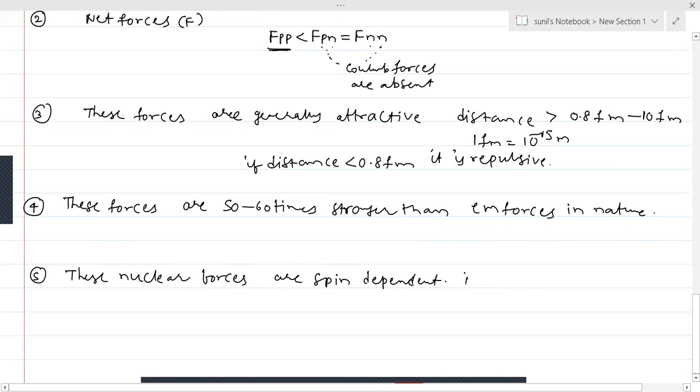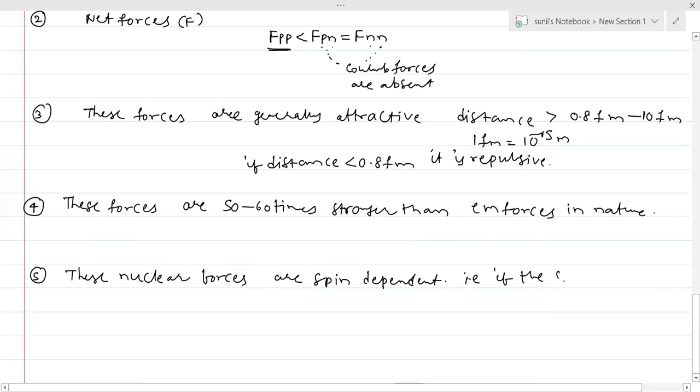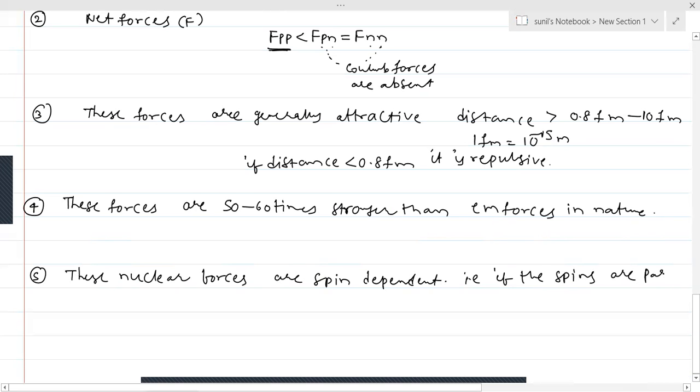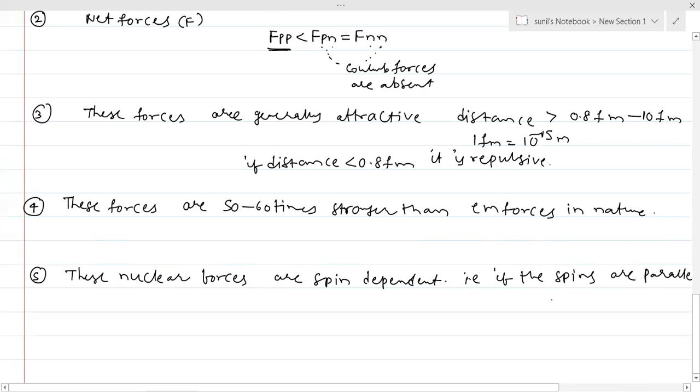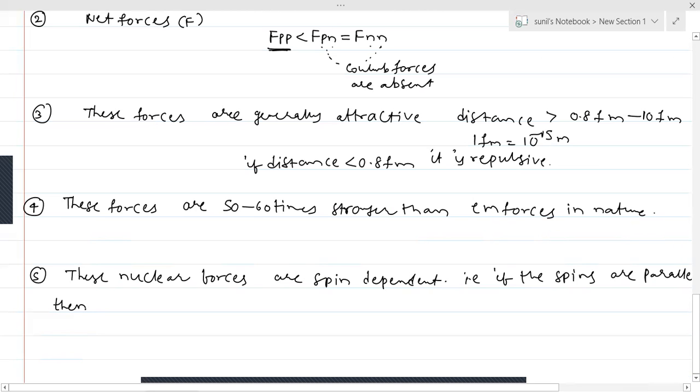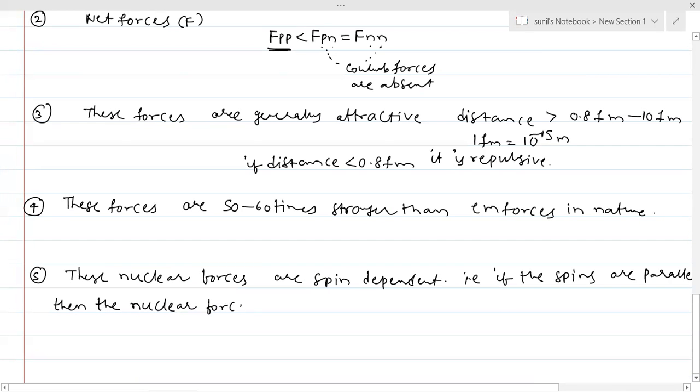That is, if the spins are parallel, then the nuclear force is maximum.